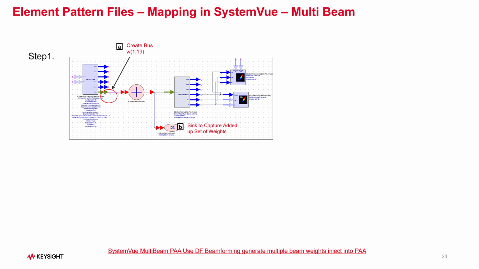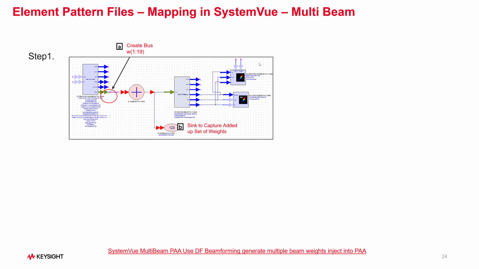All of them then come into the adder. They get added up. All the 19 matrices are added to produce one output matrix, and that comes into the sink. The sink called 1, 2, 3 here.